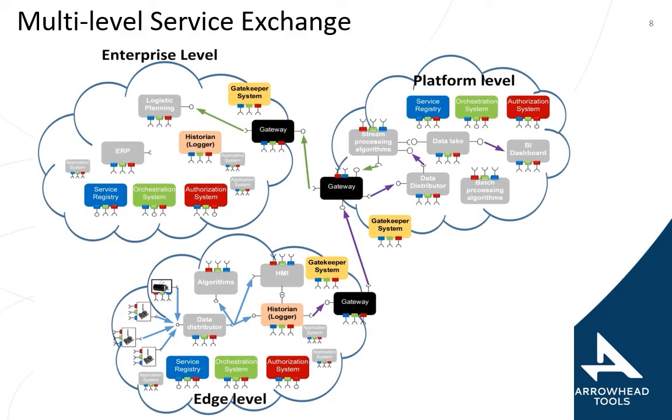And this can be abstracted to other levels, not only the production floor level, the edge level, where sensors and actuators are connected to each other with data distributors and algorithms and human-machine interfaces, but their data can get into the IoT platform level, where stream processing happens, or a business intelligence dashboard shows the data, or the data gets into the data lake, and then batch processing happens there.